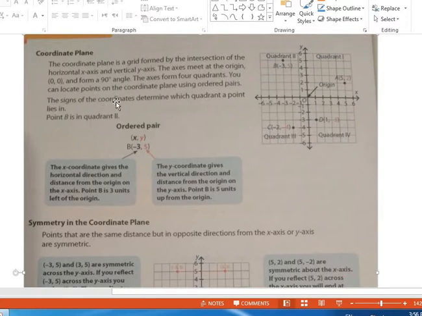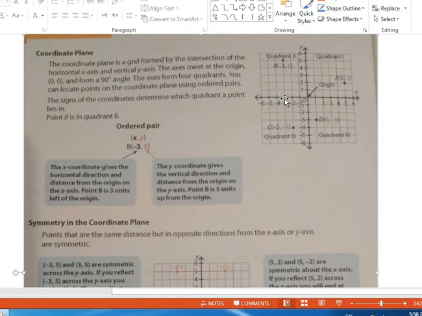You can locate points on the coordinate plane using ordered pairs. The signs of coordinates determine which quadrant a point lies in. Here I have point B, which is (-3, 5). I start by saying -3. Where in the x-axis is -3?